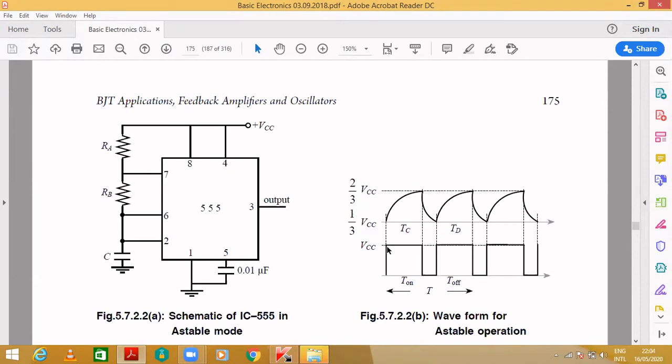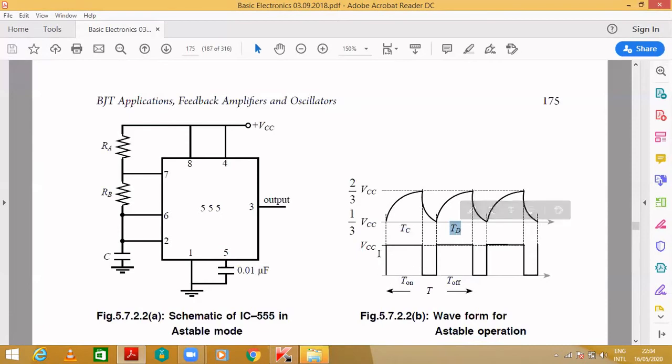So when it starts charging, the output is on, and then it discharges when it is off. This is about an astable multivibrator. TC is nothing but charging time, and TD is nothing but discharging time.